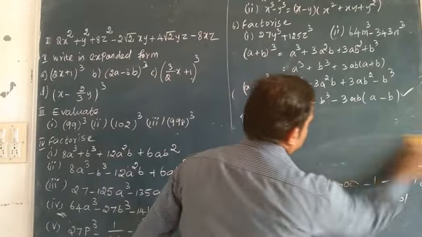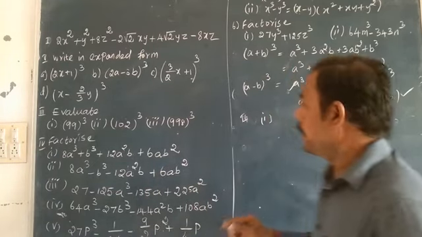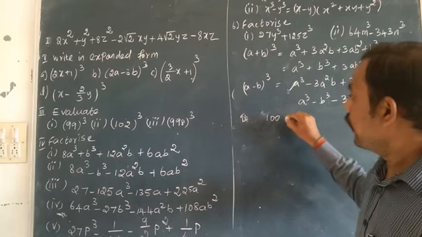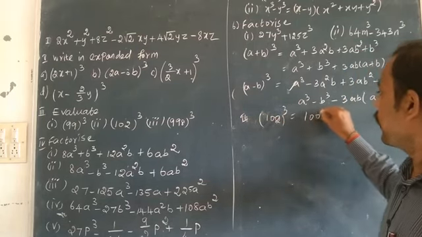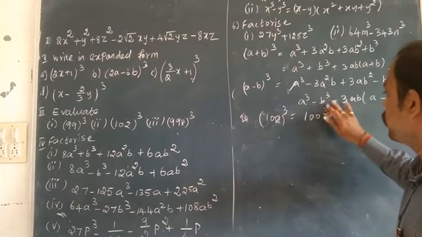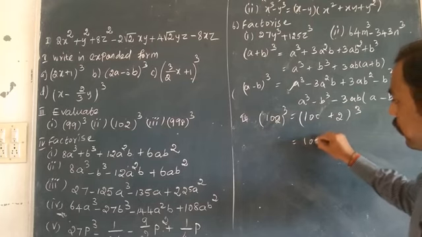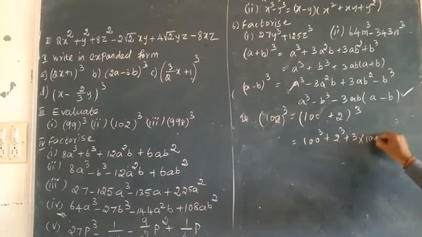Similarly, next problem, 102. So 102^3 we can write as (100 + 2)^3. So we can use 100^3 + 2^3 + 3 into 100 into 2 into (100 + 2).